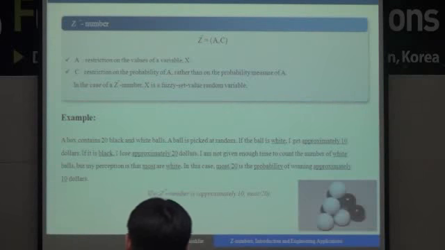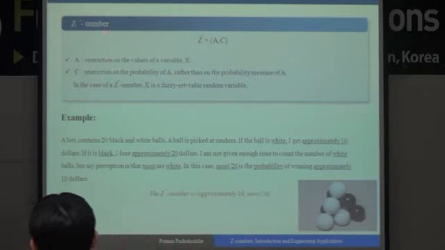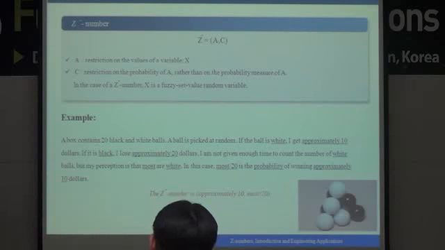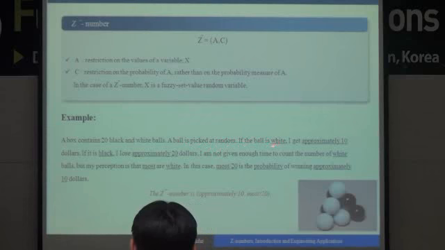Also, he introduced another concept, which is the Z minus number, in which the second component is a restriction on the probability of A rather than on the probability measure of A. As an example, a box contains 20 black and white balls. A ball is picked at random. If the ball is white, I get approximately $10.